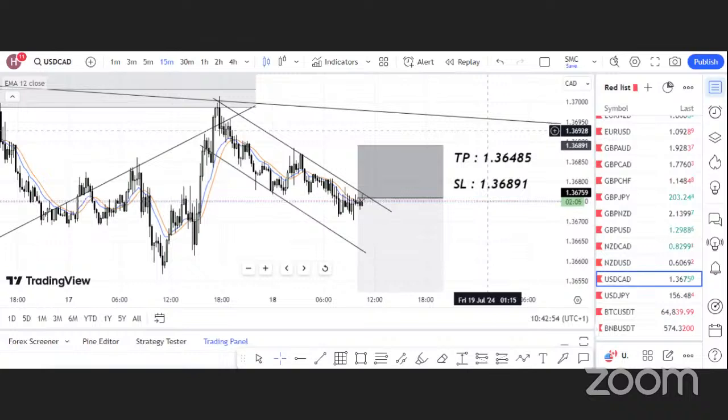So we are selling USDCAD. Okay. USDCAD sell now. So sell and set your take profit and your stop loss.